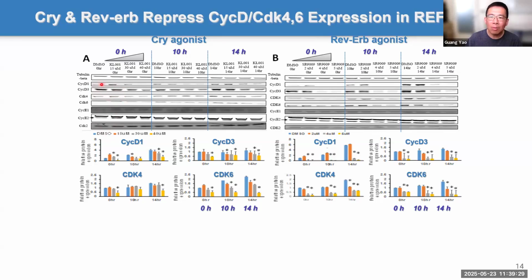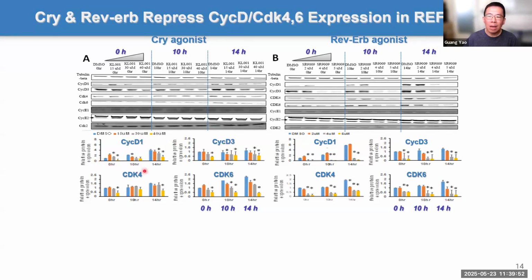Indeed, this is the Western data, but here it is easier to see in the quantification with statistics. There are 3 cyclin D isoforms in mammalian cells, but cyclin D2 is not expressed in REF cells. So we only Western cyclin D1 and cyclin D3.